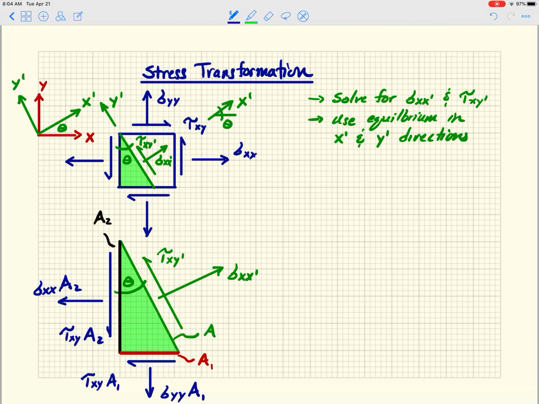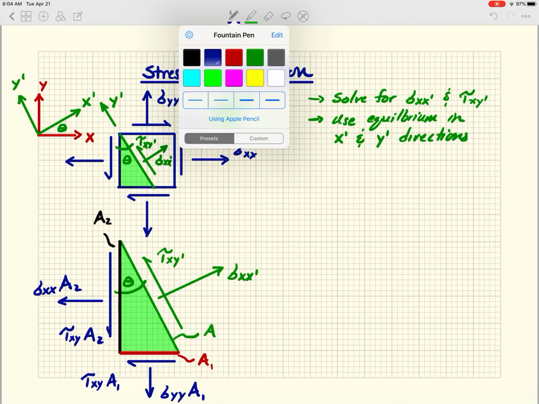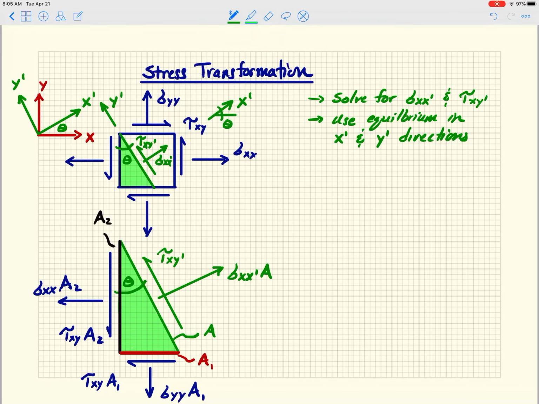And then this guy here is sigma xx prime times A, that's the area of the cut, and this would be tau xy prime times A, just like that.